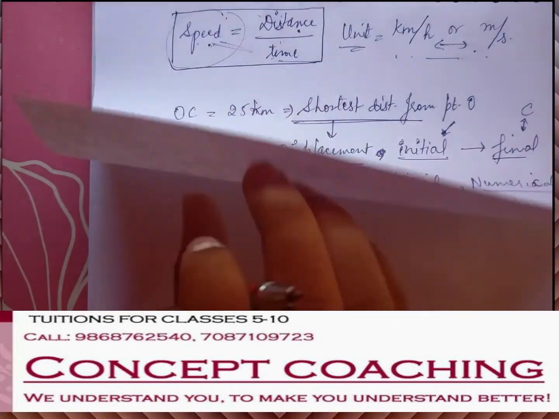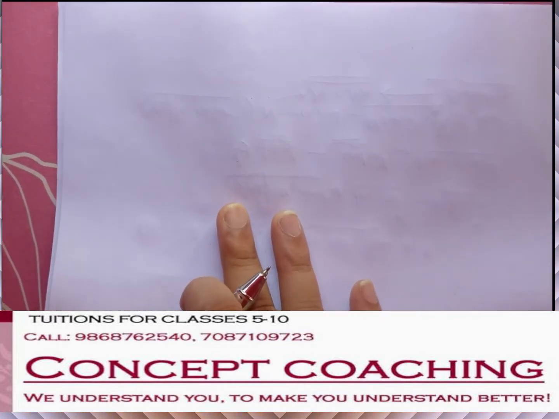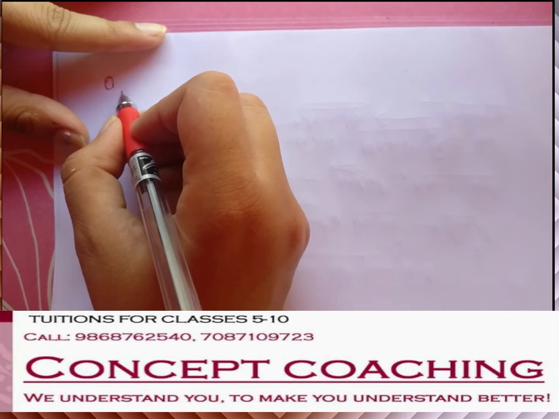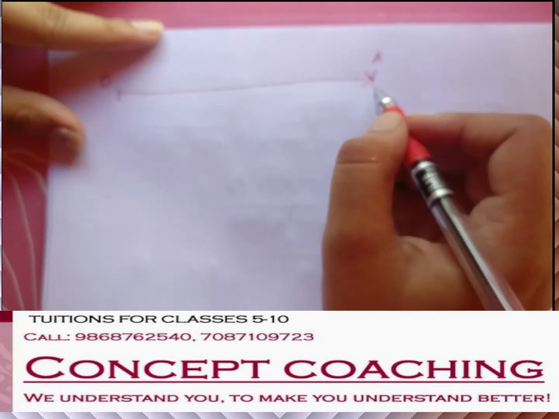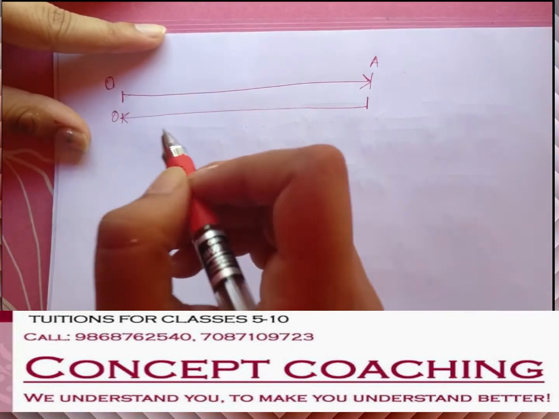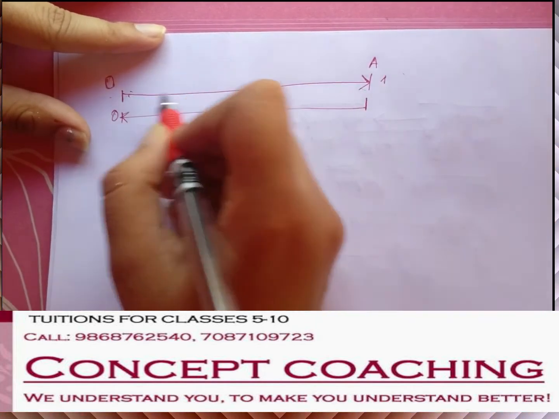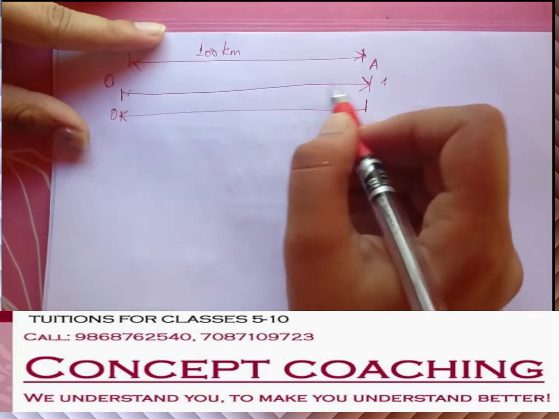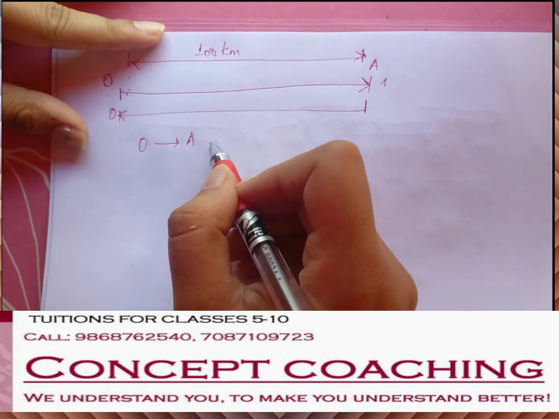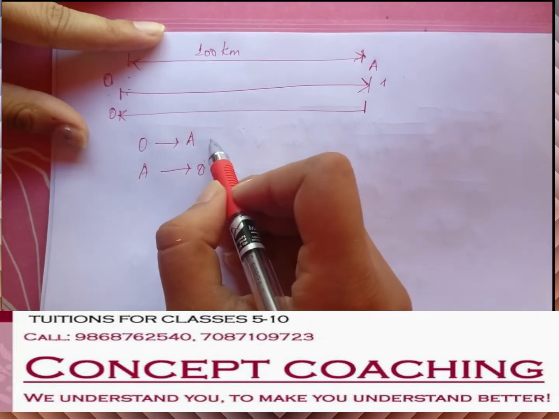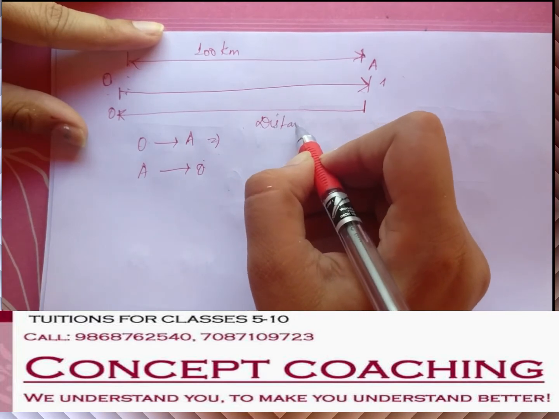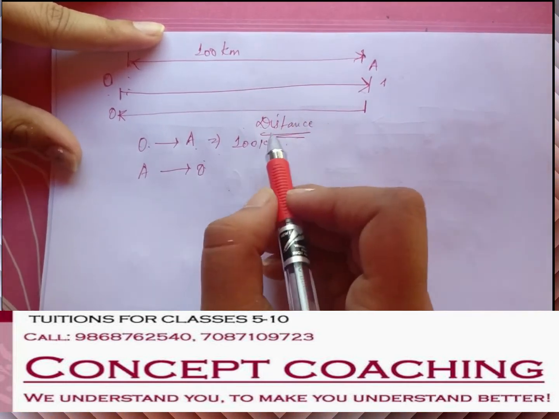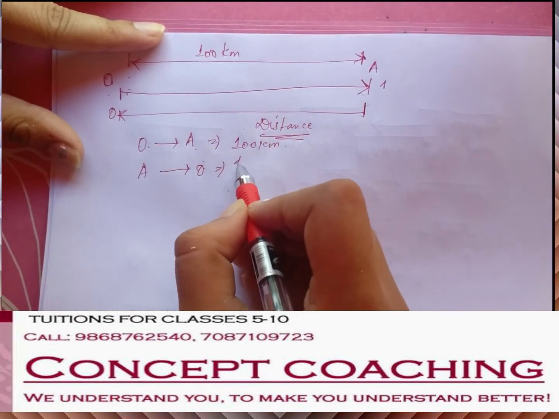Considering displacement is the shortest distance of a particular object, let's say an object has started its journey from this point of origin O. It went up to a point A, and then again it came back to the point O. Let's say the distance covered from O to A was 100 kilometers, and similarly when it traveled from A to O, it was again 100 kilometers.